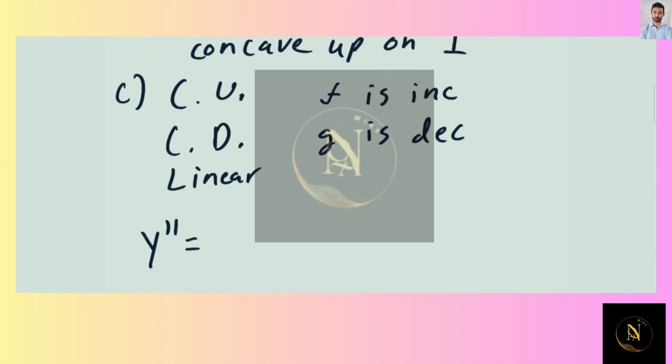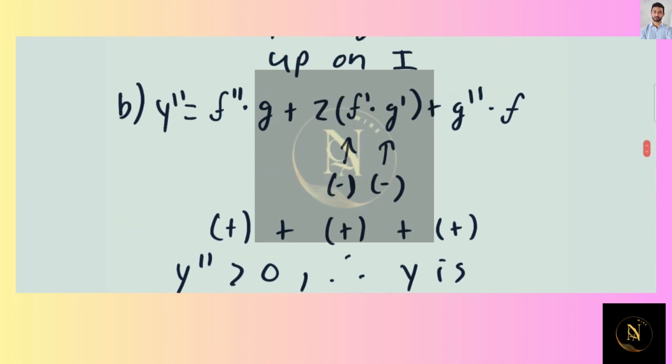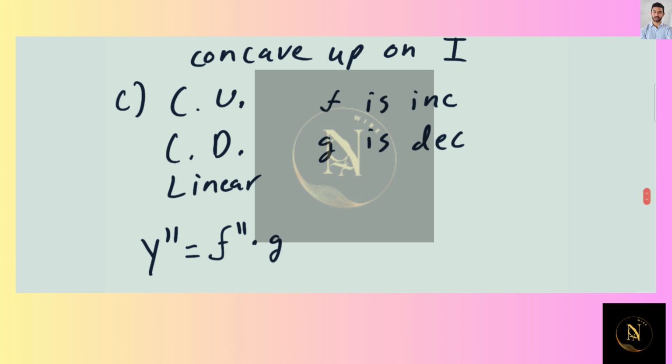So if we go ahead and look at our second derivative again, it was equal to f double prime times g plus 2 times f prime times g prime plus g double prime times f.